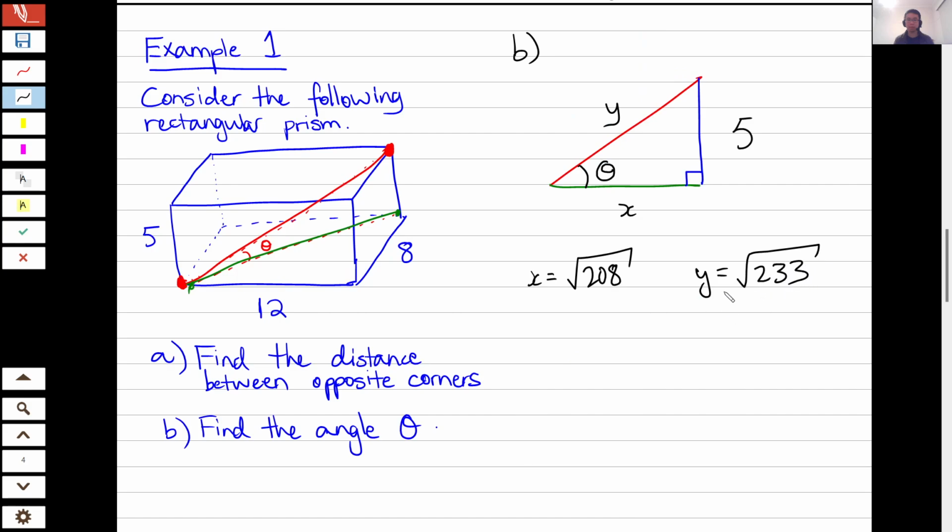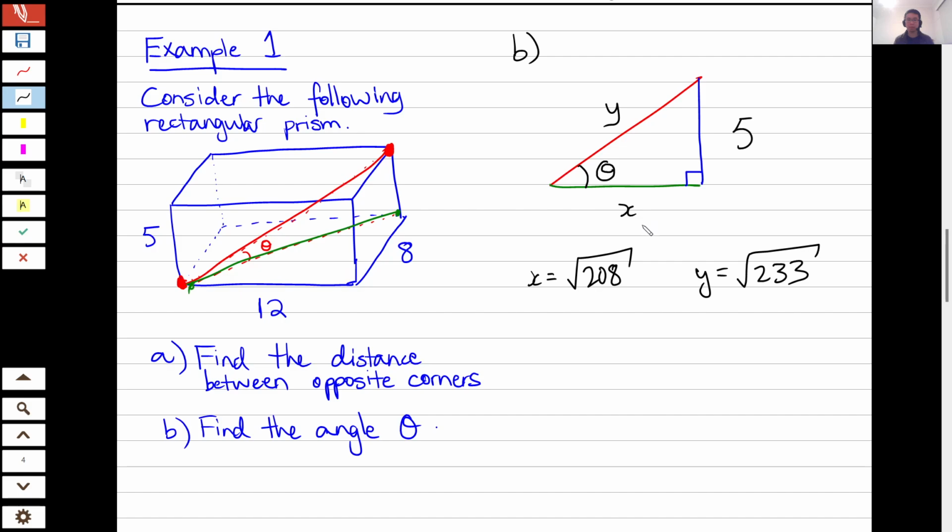The reason why I'm not using the decimal approximation here is because I want to use what's called the exact value where possible to keep my answer as accurate as possible. So when I'm back at school, if you're unsure about this, I'm happy to talk about it with you. But if we can, let's keep the square roots and only round at the end when absolutely necessary.